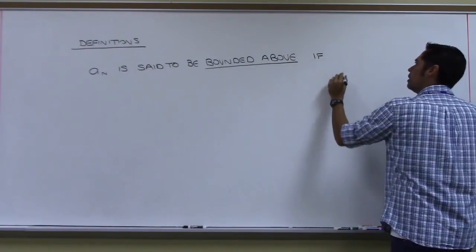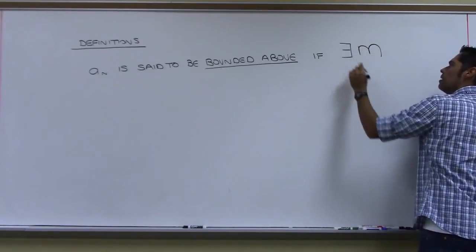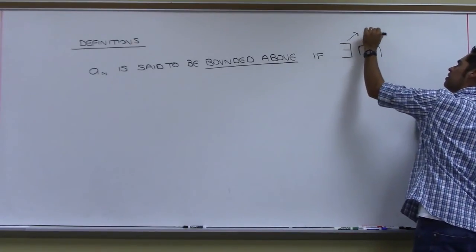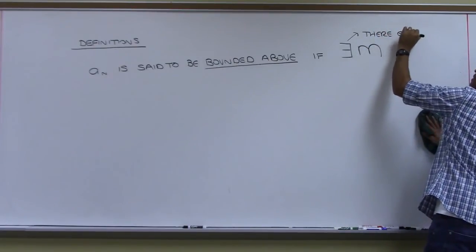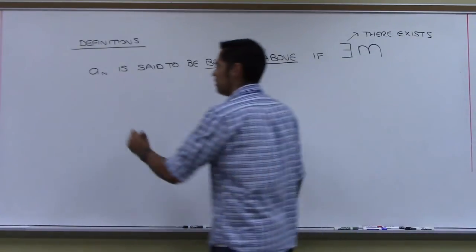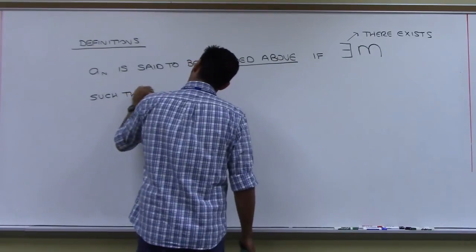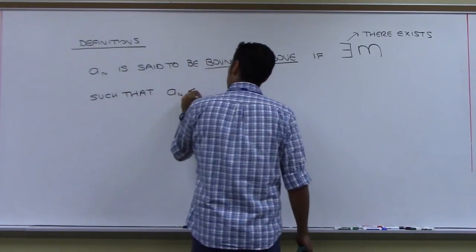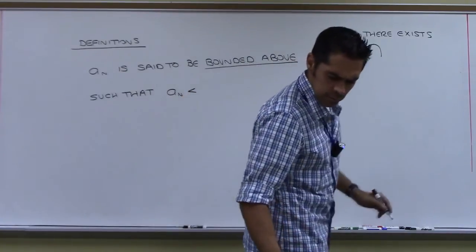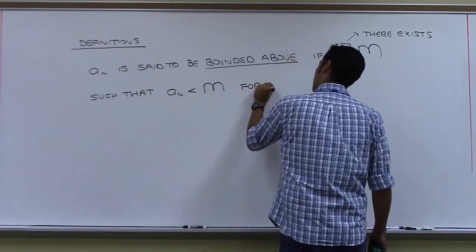If there exists, now this symbol right here means there exists, it's a capital E backwards, a capital M such that a sub n is less than or equal to capital M for all n.